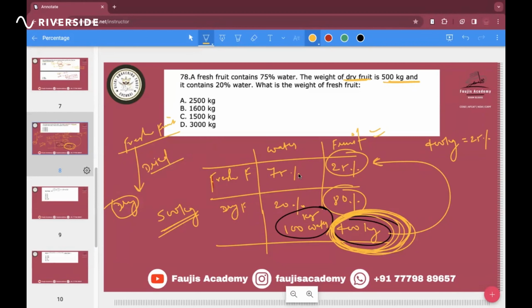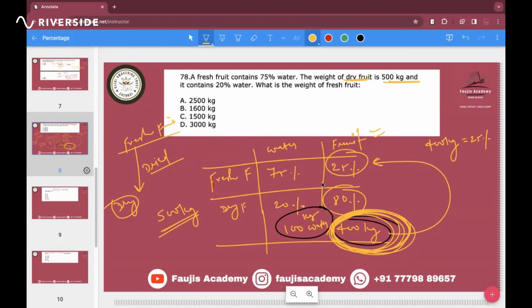So what happens is that the water content reduces, but the flesh, the actual mass, won't dry, so that will always remain the same, isn't it? Are you guys following me? Yes, sir. So this 400 kg will remain the same, right?